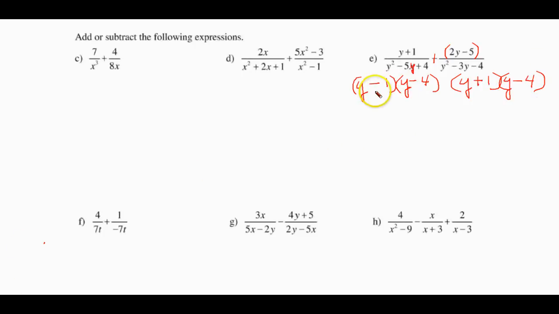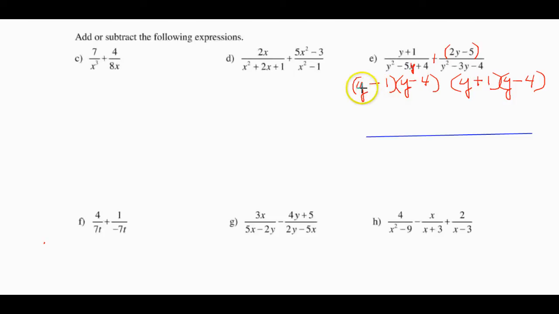So what will be our lowest common denominator? Well, for this, we'll look at what we've done before. We have the factor y minus 1, and notice there was a little typo that you had to change.